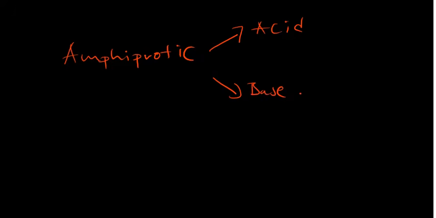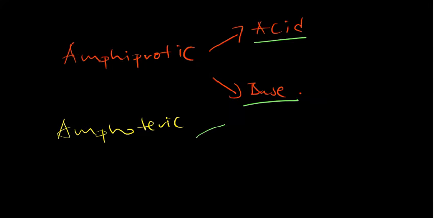Okay. The other term is amphoteric. Amphoteric means water is able to exhibit both the acidic and the basic properties. Okay. So there's a difference there. Acting as an acid and a base, and exhibiting properties of an acid and a base is amphoteric.